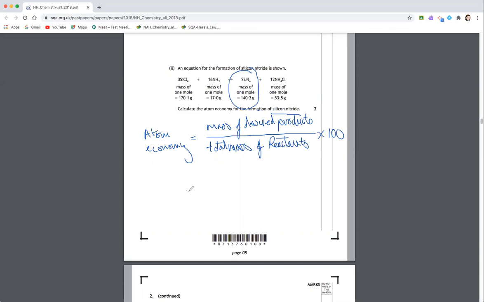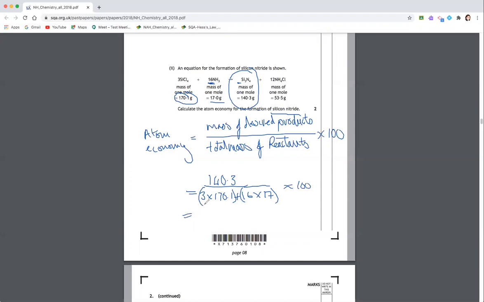So there's only 1 mole of it because there's no number in front of it. So that means the total mass of silicon nitride is going to be 140.3. Then the total mass of reactants, we've got 3 moles of silicon chloride, so that'd be 3 times 170.1, plus 16 moles of ammonia, so that'd be 16 times 17, times 100.